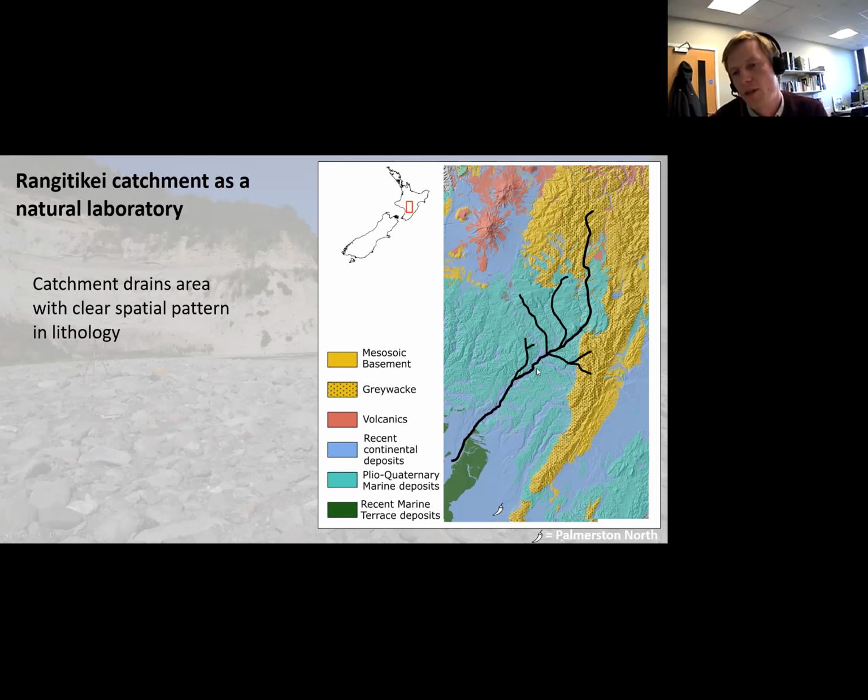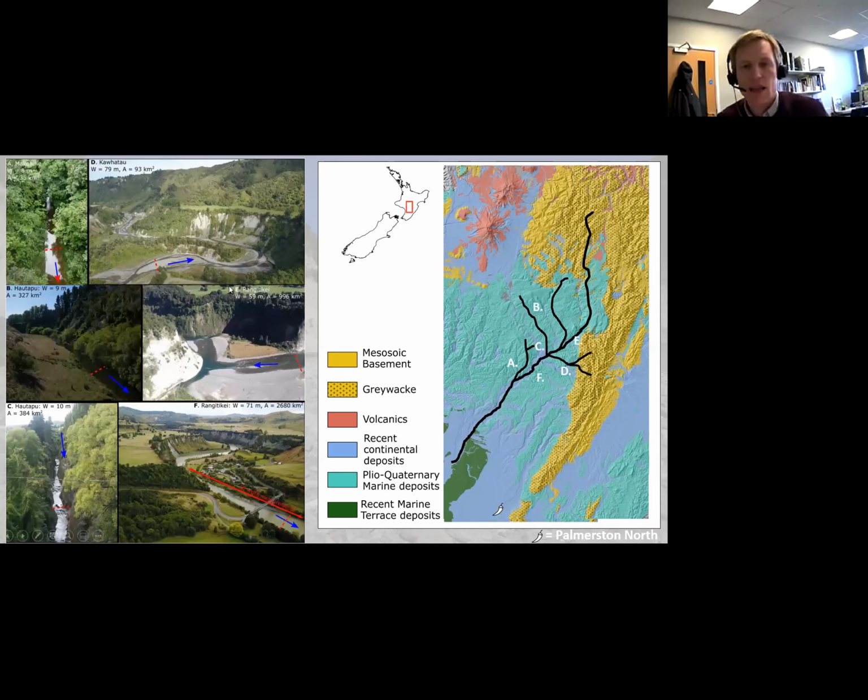While there's tributaries over to the west, which don't drain any of this greywacke material. Their whole catchment is within the mudstone and the sandstone. So we have this really nice spatially distinct contrast in the lithology, which therefore supplies spatially distinct sediment as bedload to the system.